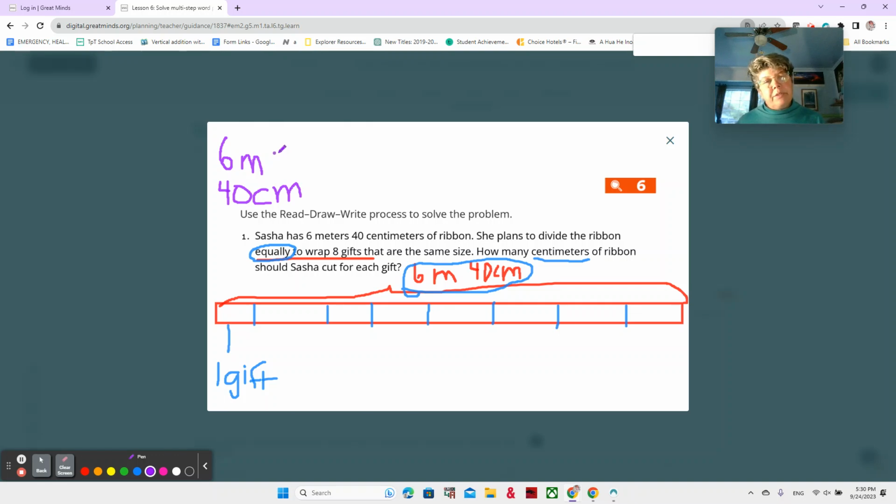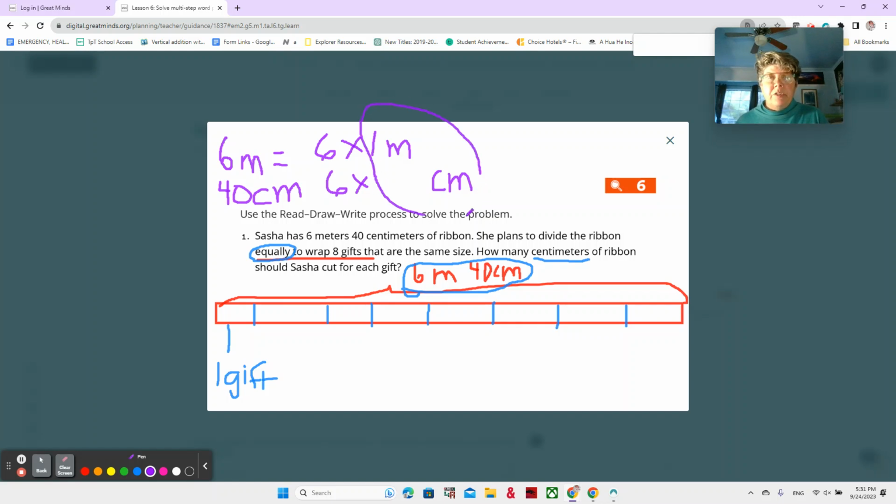So 6 meters is the same as 6 times 1 meter, right? That's what we worked on in lesson 5, just expanding this out. And then 6 times how many centimeters are in 1 meter, because we're converting it to centimeters.